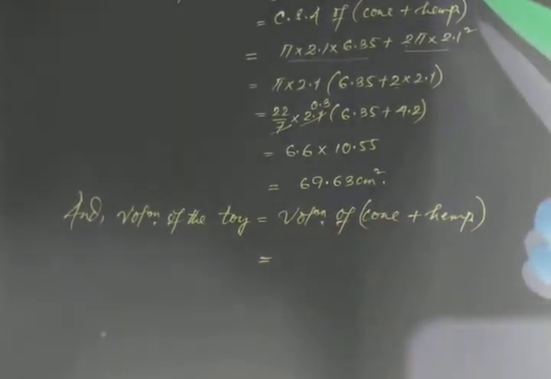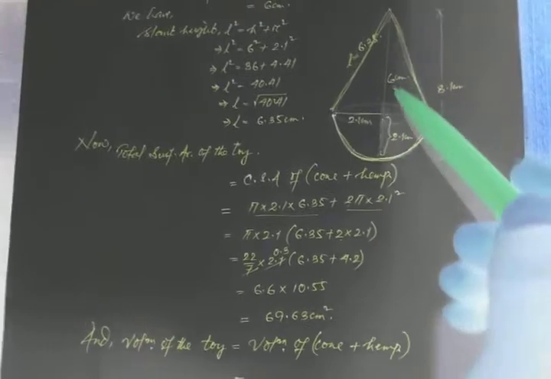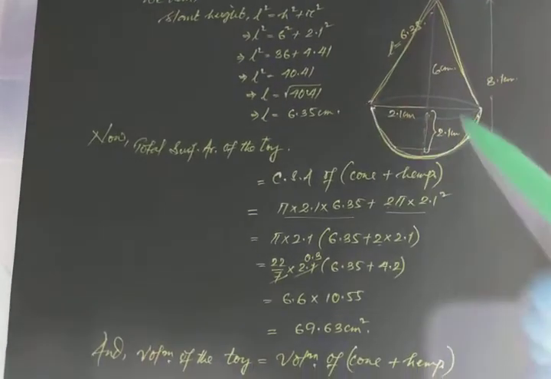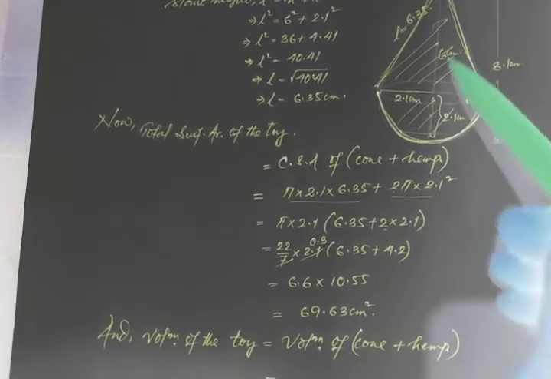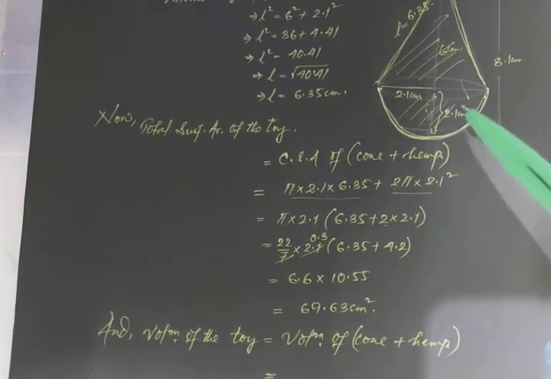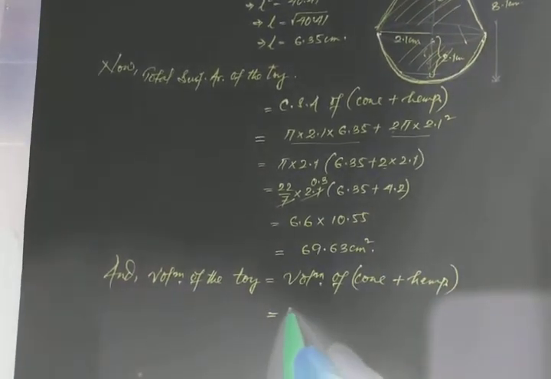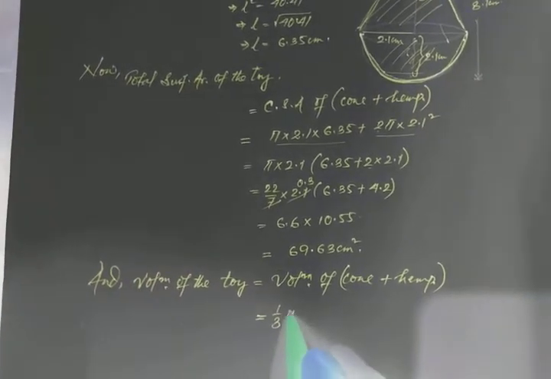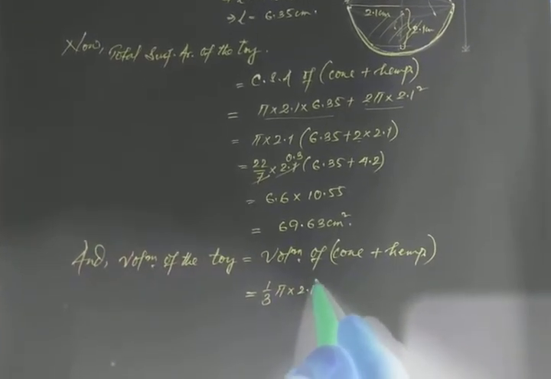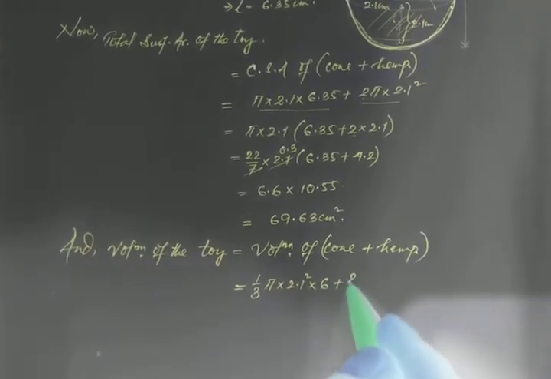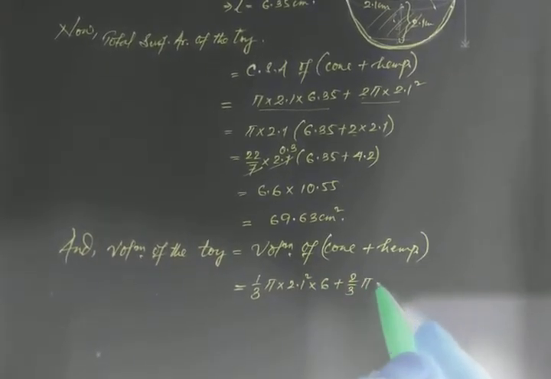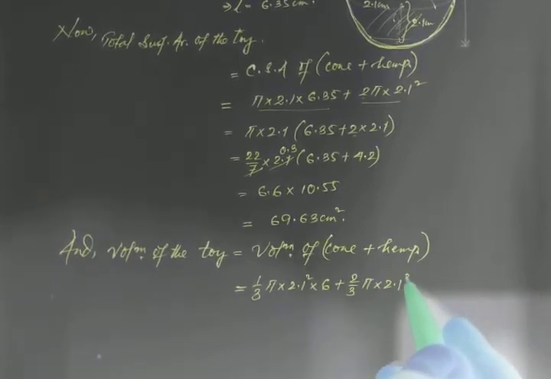Here we said volume of cone plus hemisphere because the toy is made up of a cone and a hemisphere, so it will be simply cone plus hemisphere. So volume of cone will be 1 by 3 pi r square h. Volume of hemisphere 2 by 3 pi r cube.